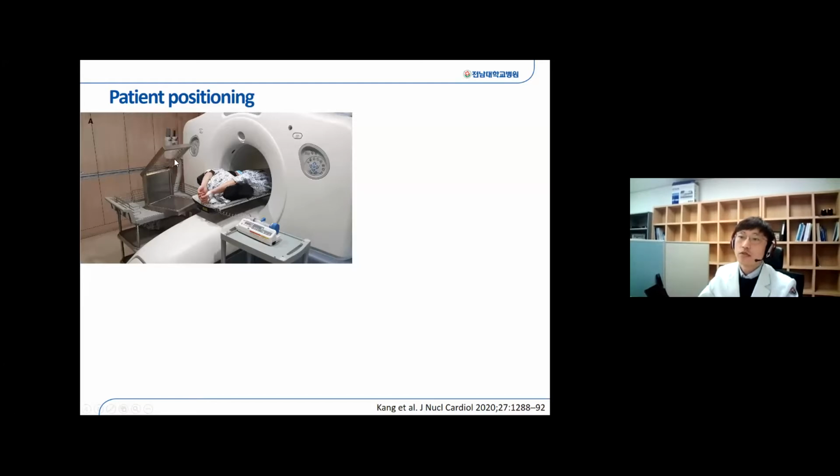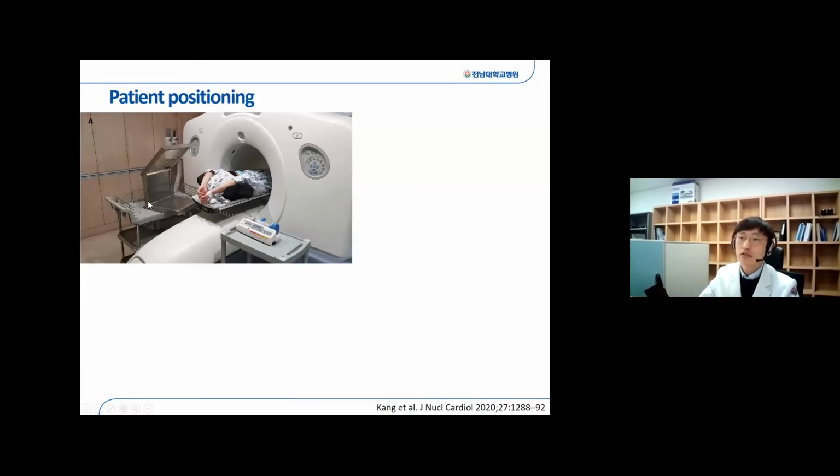We use the auto injector, which is used for contrast injection, to make a bolus injection of N13 ammonia very homogeneously. And here is the syringe pump to infuse the adenosine for vasodilator stress.